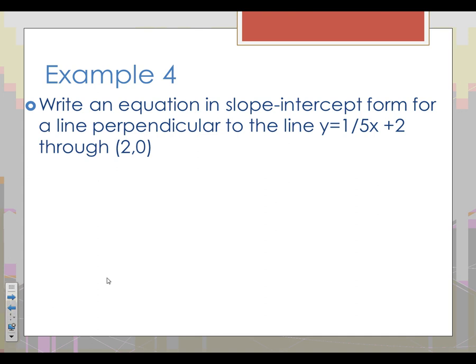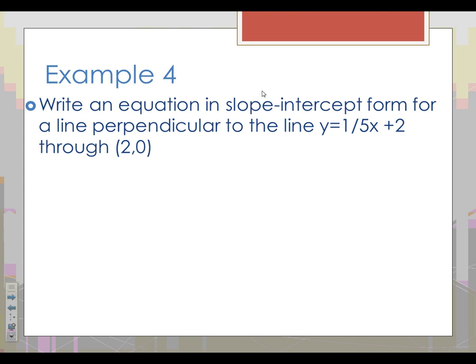Okay, last example. Example 4, I want to write an equation in slope-intercept form for a line perpendicular to the line y equals 1/5 x plus 2 through the point (2, 0).